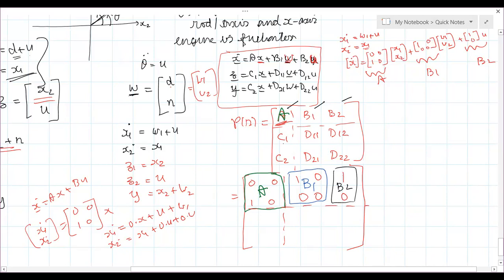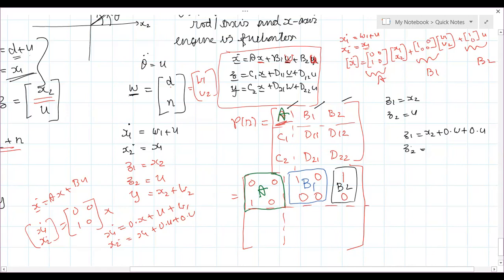Now what next? We have to identify what is C1. So what is C1? C1 is the term associated with X in the regulated output equation. Okay. So what is my regulated output? Z1 equal to X2? Z2 equal to U? Okay. Is that clear? So how can you write this? Z1 equal to X2 plus 0 into W plus 0 into U. Okay.